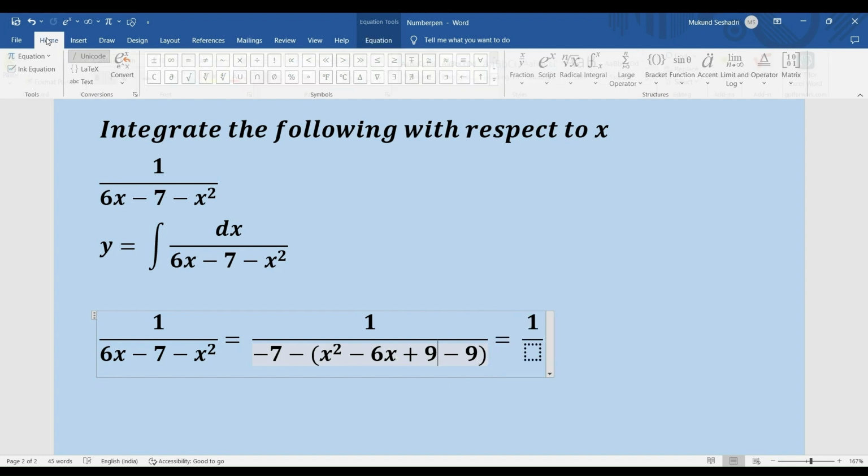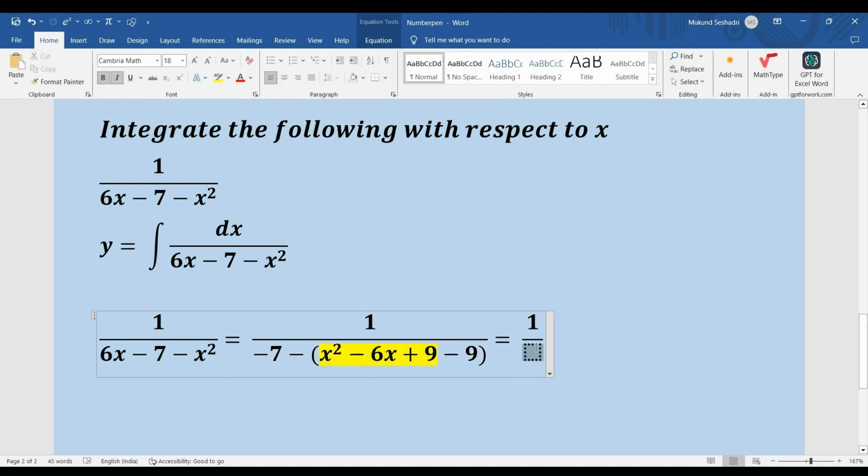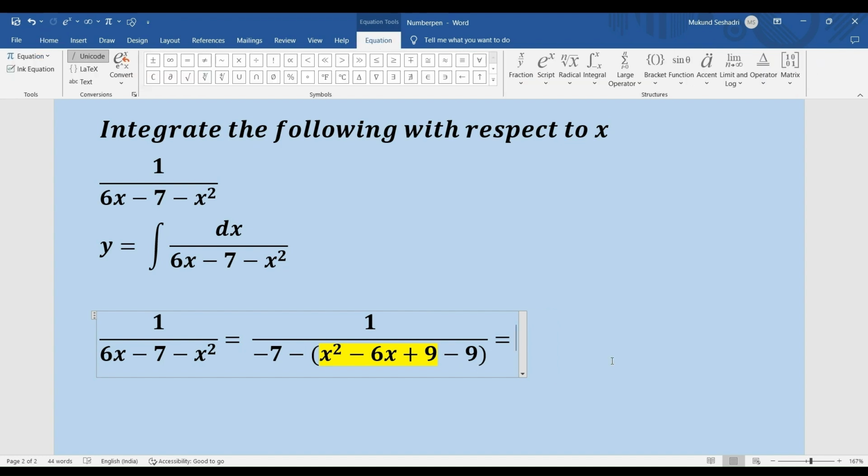Let me highlight this in yellow. And what happens to the remaining part of the expression? I get a minus 7 plus 9, which becomes a plus 2. So my one part of the expression which I've highlighted in yellow is nothing but an x minus 3 the whole square. And the remaining part, which is a minus 7 plus 9, is nothing but a plus 2, right?